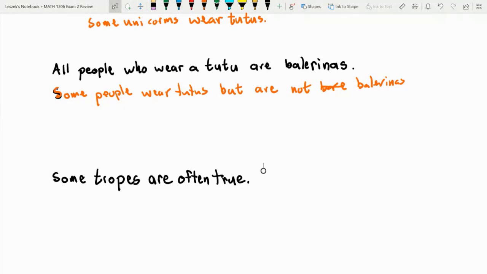right? It says that if a person wears a tutu, then they are a ballerina.